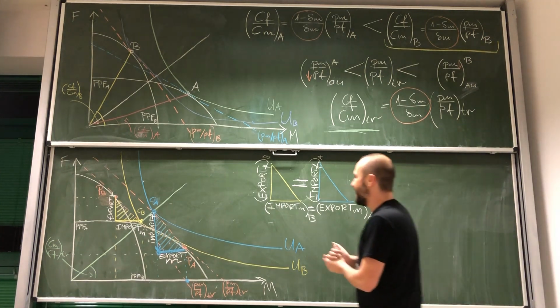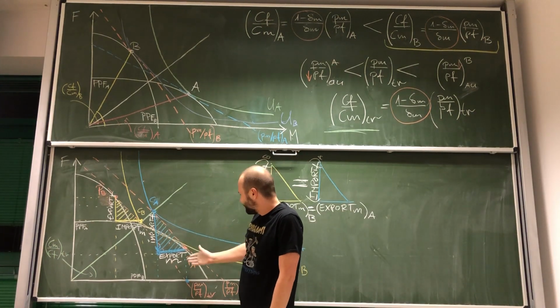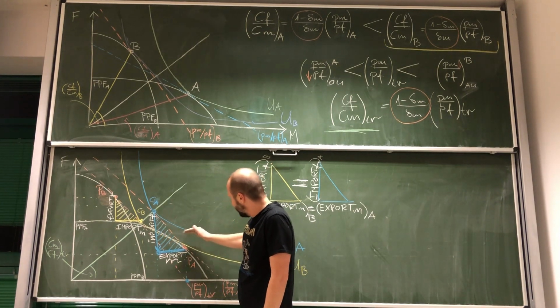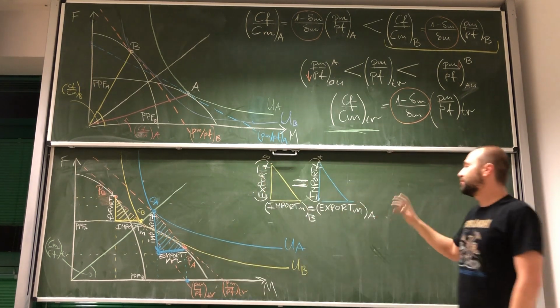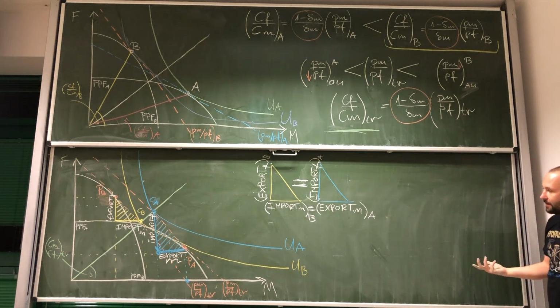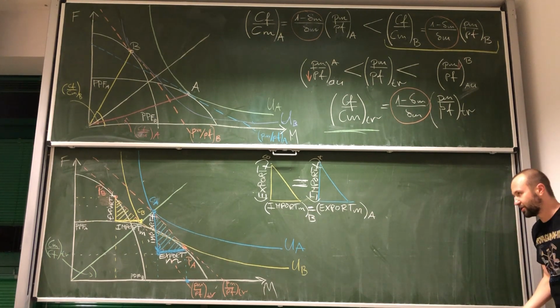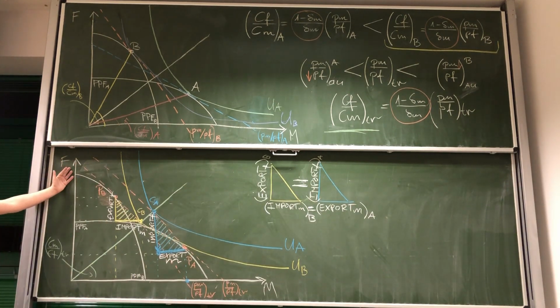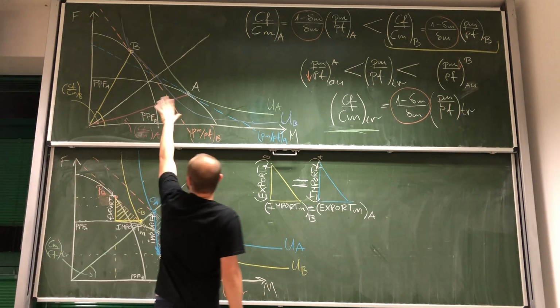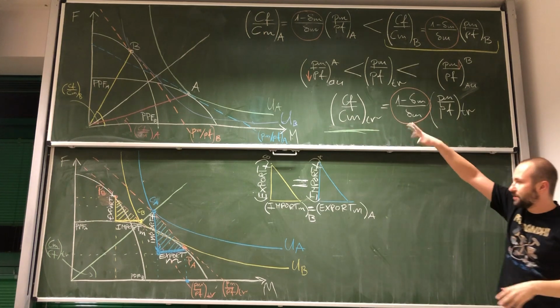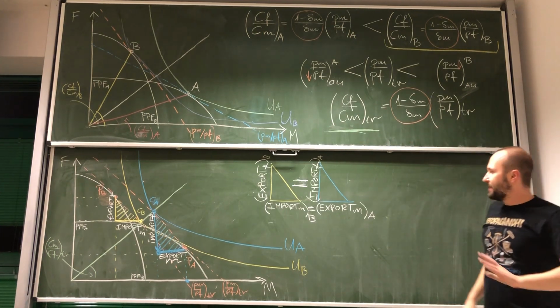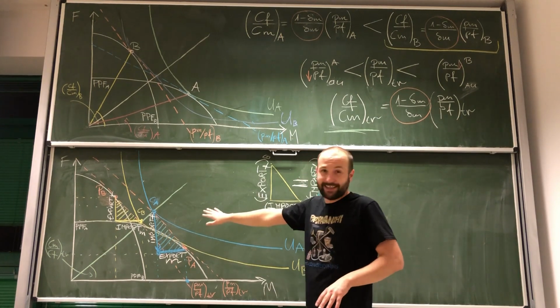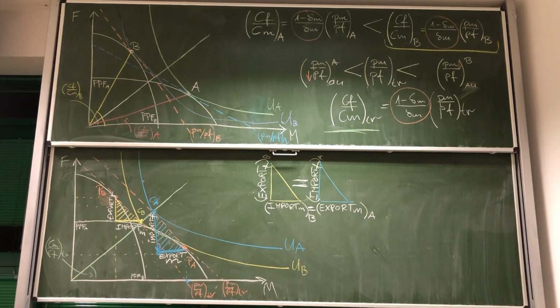Now Austria is producing more manufactures, while Bolivia is producing more food. And again, this is something that we can get simply from the slopes of the line, but I'm not going to be discussing it because adding anything else here would just make it even more messy.